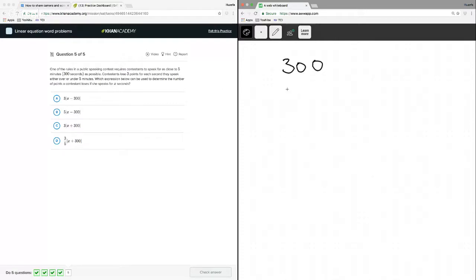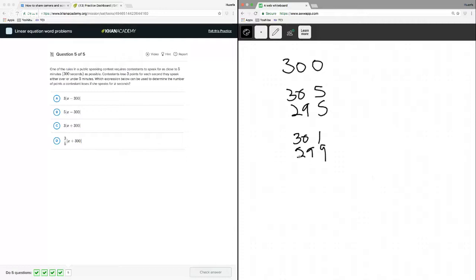I can see the absolute value, and I'll explain that in a second. So if it's 305 or 295, they're going to lose the same amount of points. They lose 3 points for each second. So 301 or 299, in both of those cases, they lose 3 points.